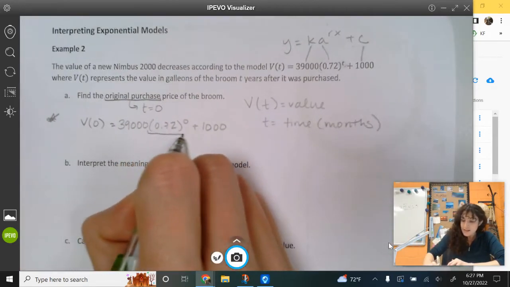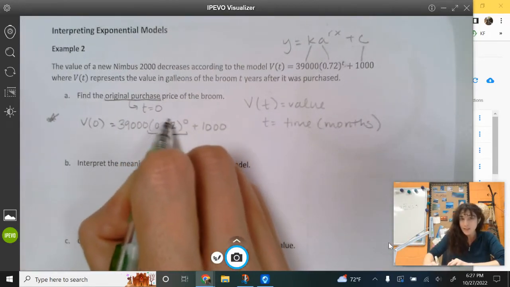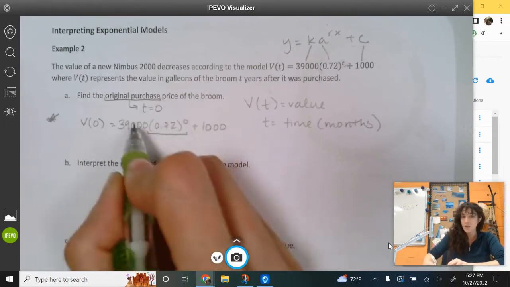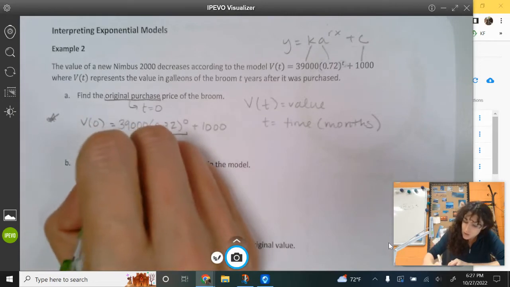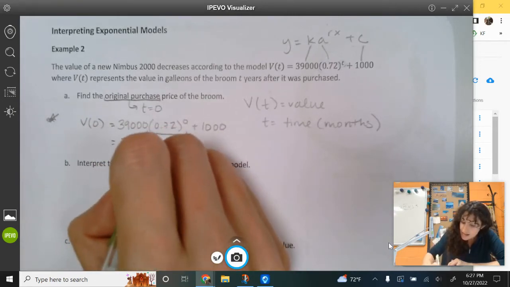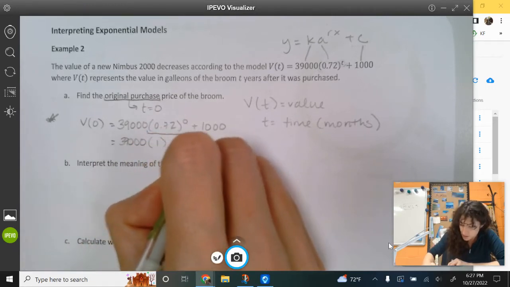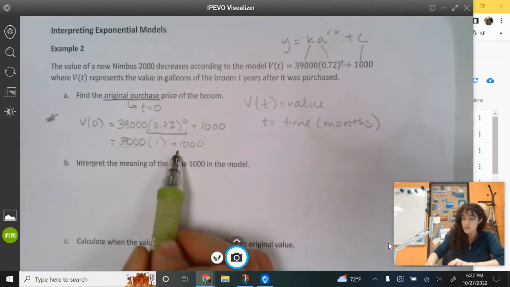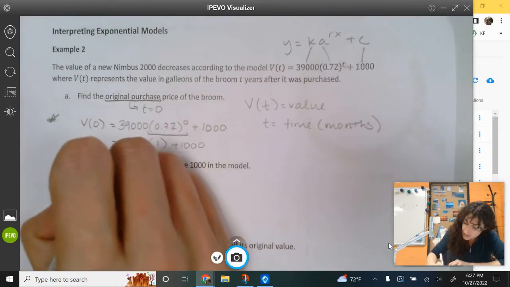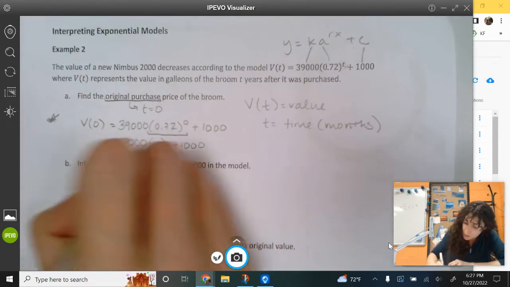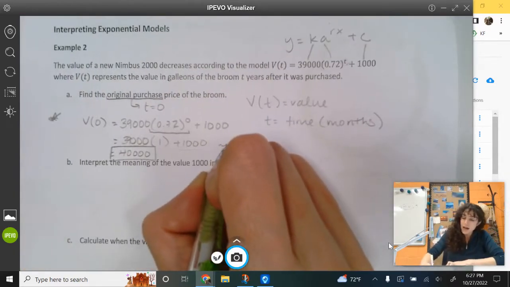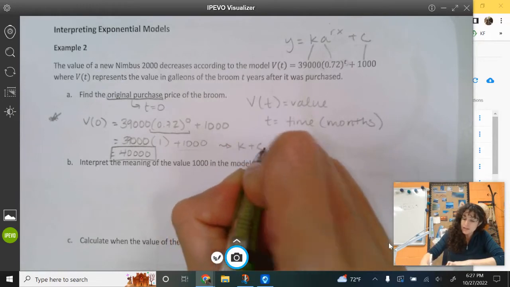Keep in mind that the 0 power is only applied to its immediate neighbor. It does not get applied across the way. So that's 39,000 times 1 plus 1,000, which is really just 39,000 plus 1,000. So this becomes a 1 to leave us with just 40,000.